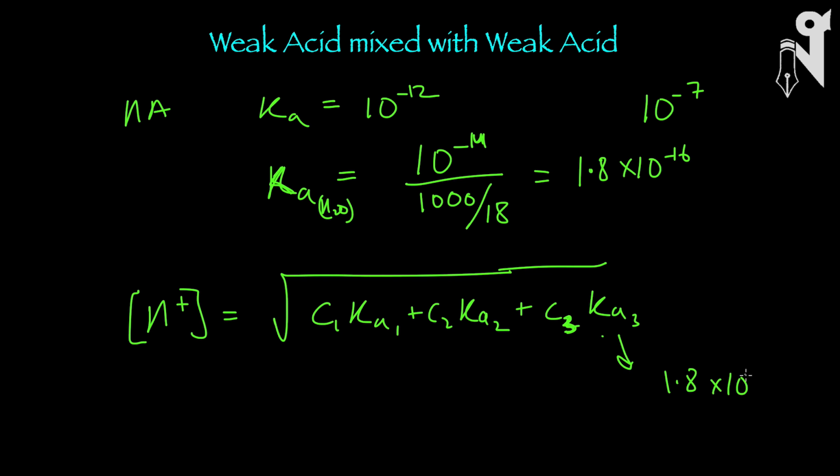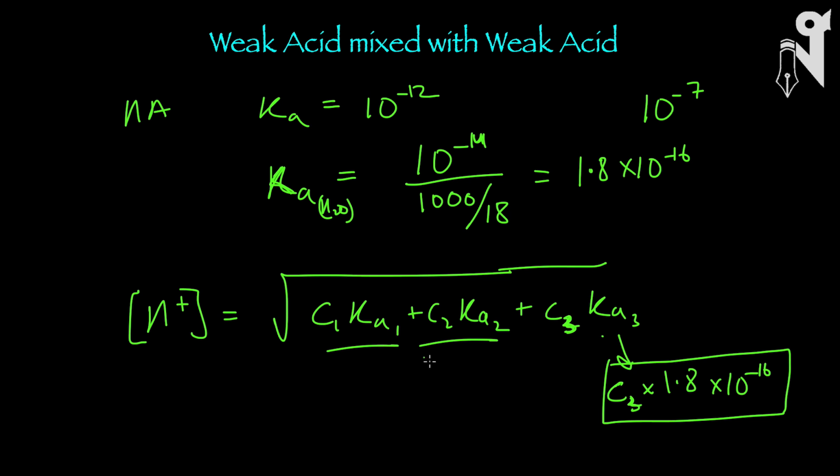Because concentration of water is quite high, roughly 55, right? So C3 times this, if it is in the vicinity of the other two, then you'll take water also, you'll take the concentration of water also.